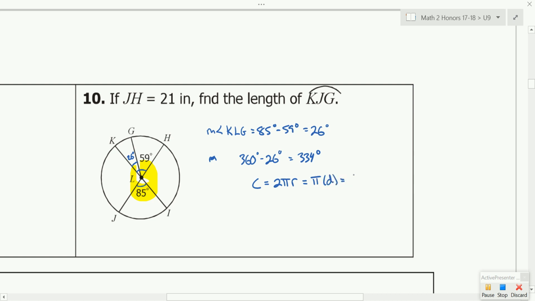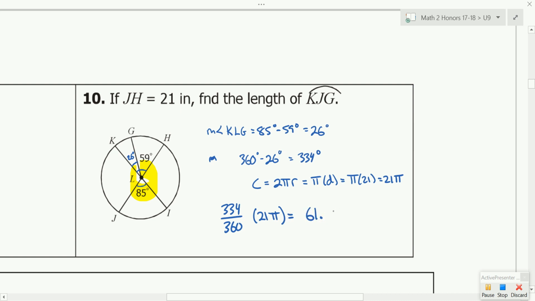Good. So you notice that they gave us the diameter, so we just need to do pi times 21, or 21 pi, and then keep going. And what'd you get? 61 point. Now give me 2 decimals.